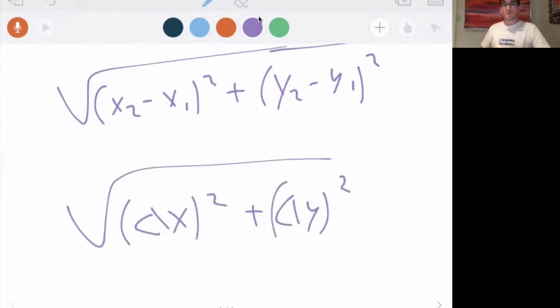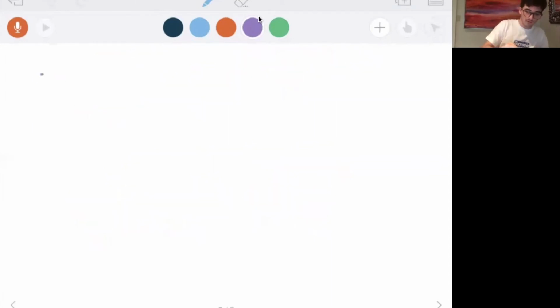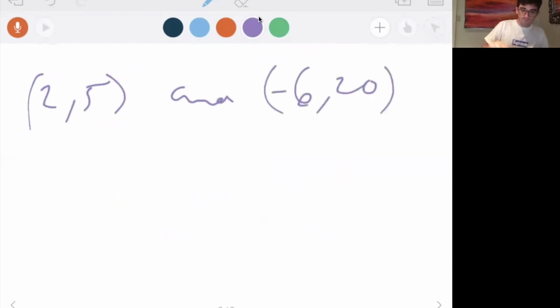One thing I want to note about this is that it doesn't matter if you do x2 minus x1 or x1 minus x2. The reason is that that difference will just be the same number, basically, right? If we, let's just say our points are (2, 5) and (-6, 20), right? I could say that my change in x was -8, or I could say that it was +8.